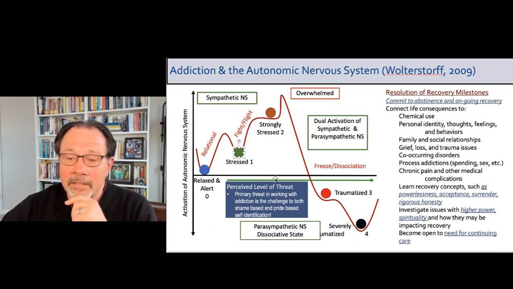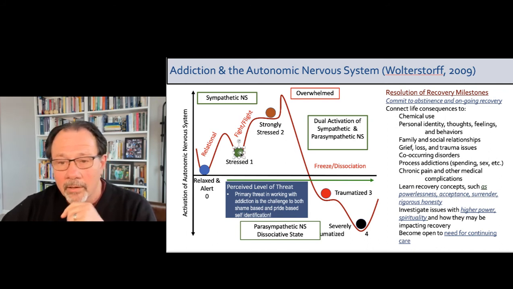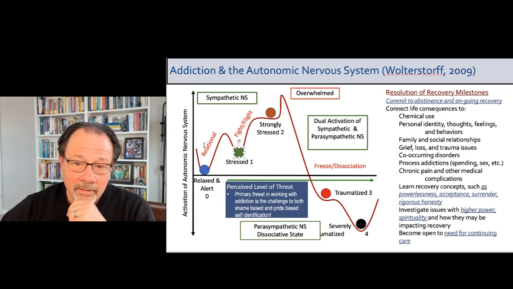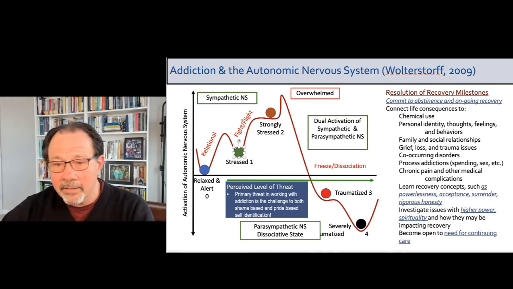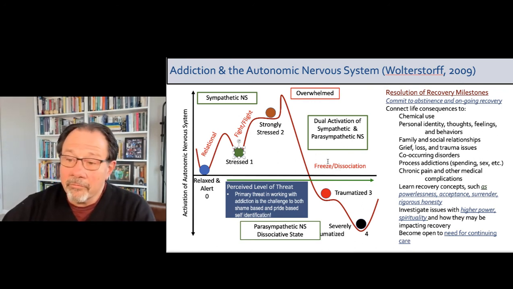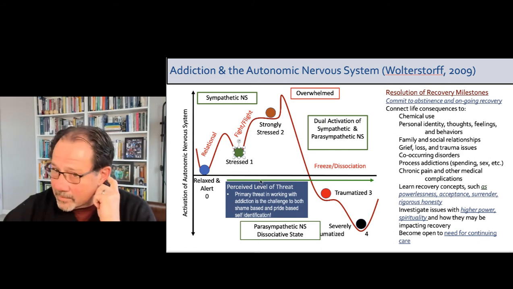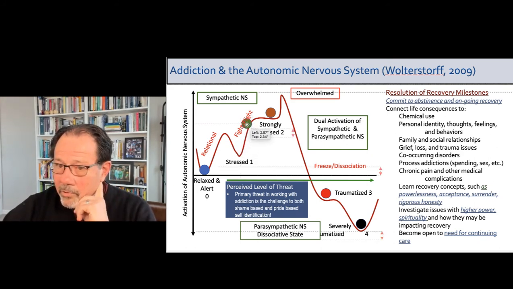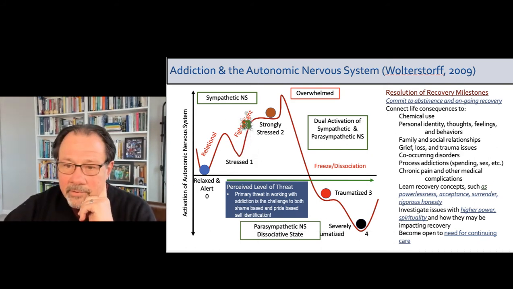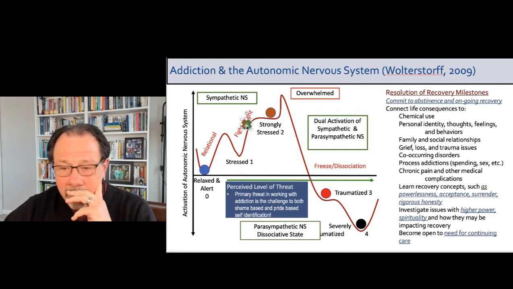the activation or the shift between autonomic nervous system states, again, relational, this is the ventral vagus nerve, fight or flight, sympathetic nervous system. Freeze and dissociation is the dorsal vagus nerve. It doesn't matter what the threat is. If that person is here or above, talking to them is a waste of time.